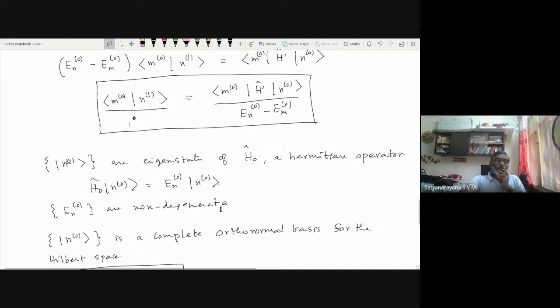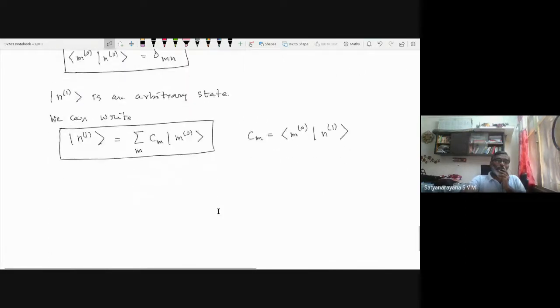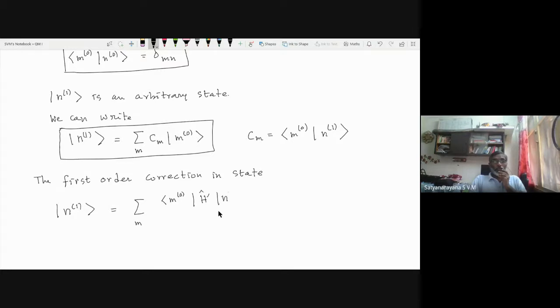Correct. So now what do I write for the first order correction in the state? It can be written as N1 is equal to sum over M of M0 H prime N0, this is the matrix element of H prime between M and N, divided by En0 minus Em0, into M0.